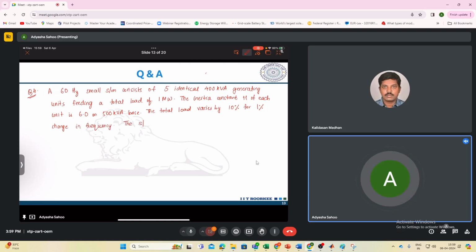The speed regulation characteristic, that is R, is 1.